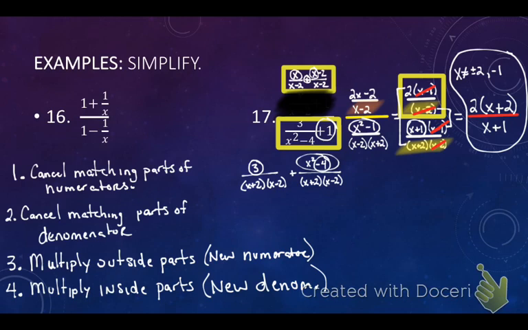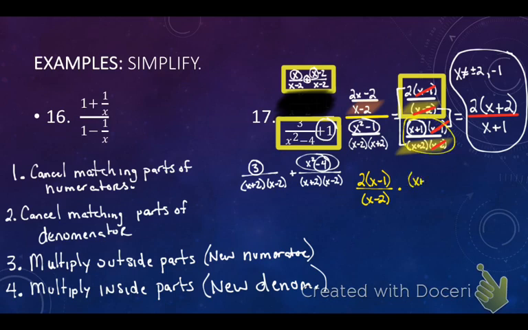Now, if you want to do keep, change, flip, I have no issue in that whatsoever. All you're going to do with keep, change, flip is you're going to take the top side, and I'm going to write this in yellow here, where I have the 2 times x minus 1 on top. So the top fraction's not going to change. I'll just make it into a multiplication problem. I'm going to flip this fraction.